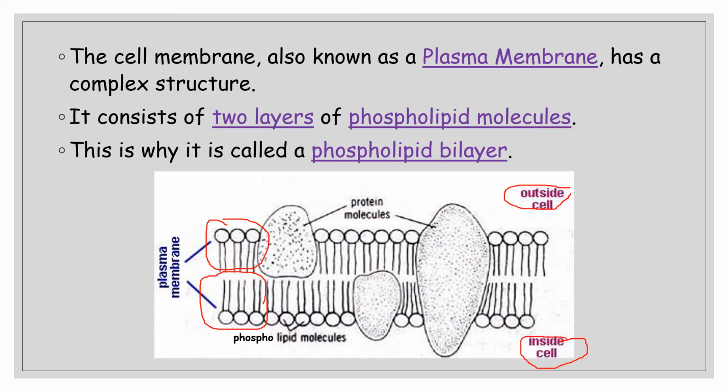And it also contains proteins. So we've got 3 different protein molecules within this phospholipid bilayer. We've got this protein, which is sitting outside the cell. We've got 1 protein that sits inside the cell, and this large protein that is sitting all the way through the phospholipid bilayer.